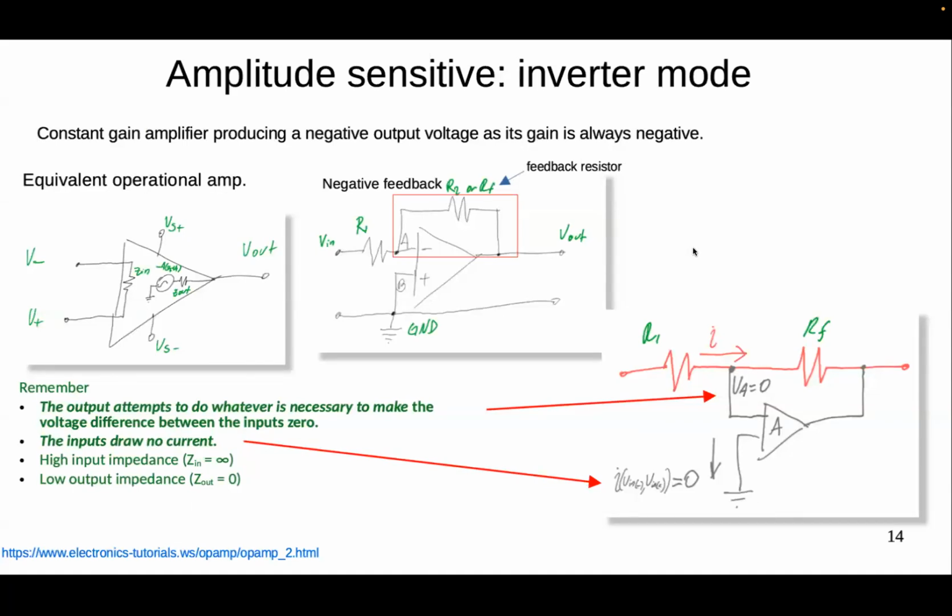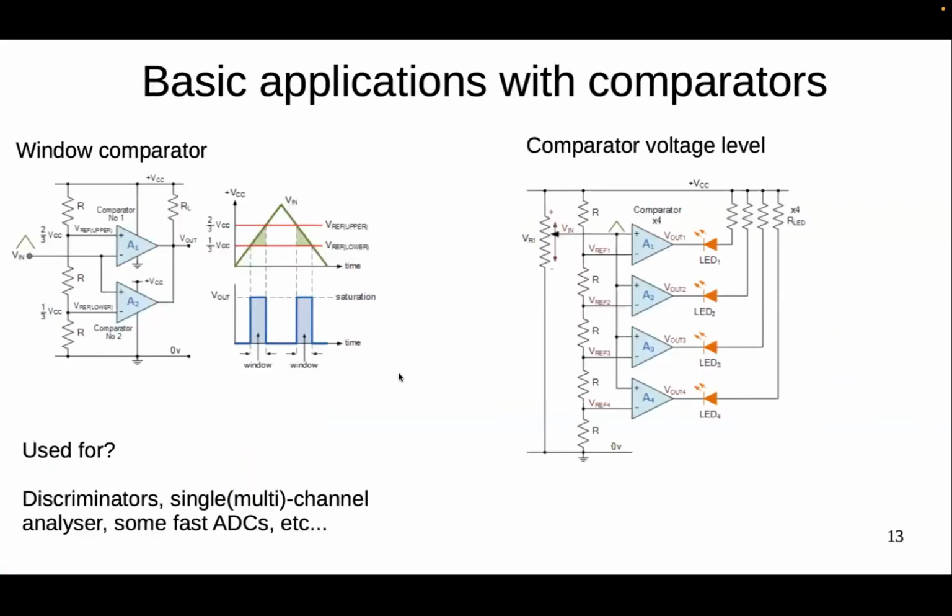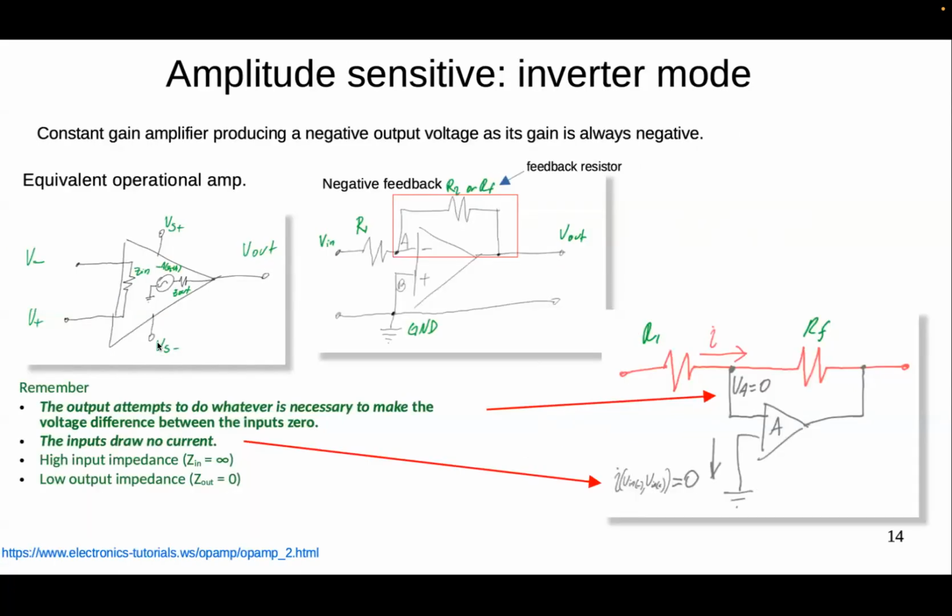So we were just working with saturation or not saturation, depending on whether the input level crossed some reference voltage in the other input. In this case, we have a feedback resistor that will go to one of the inputs. In the inverter mode, this feedback resistor is connected to the negative, or inverted, input.